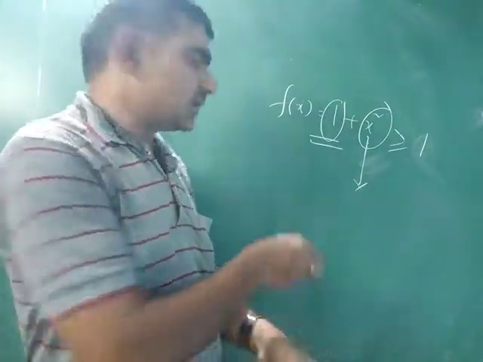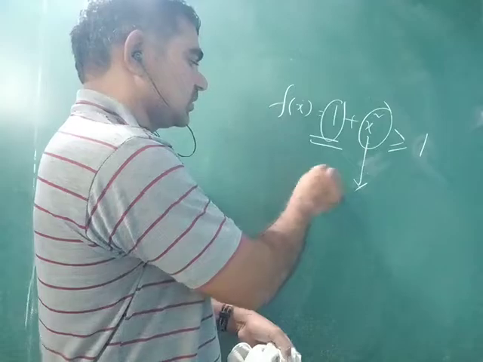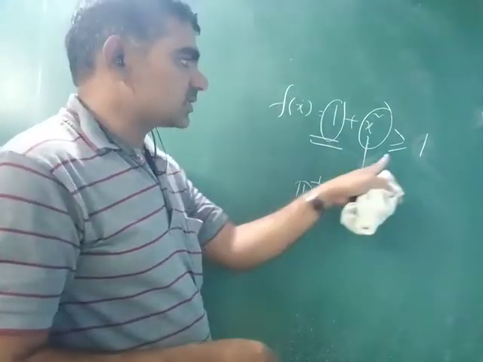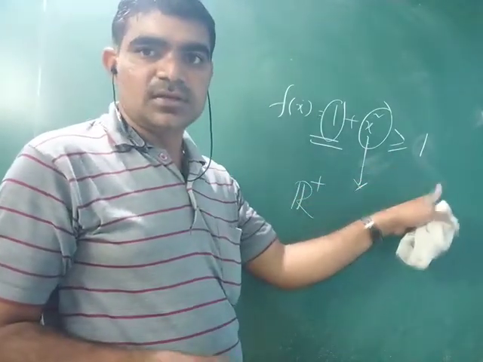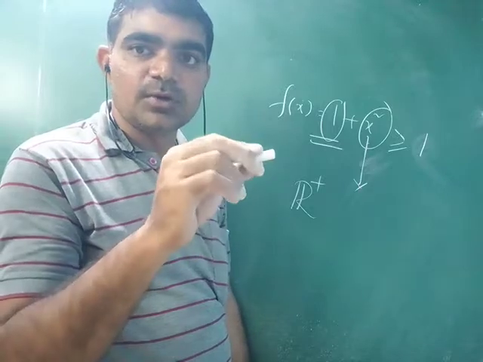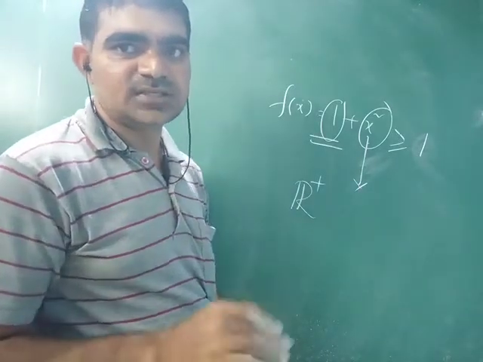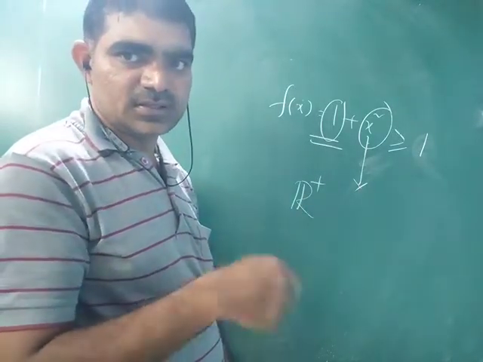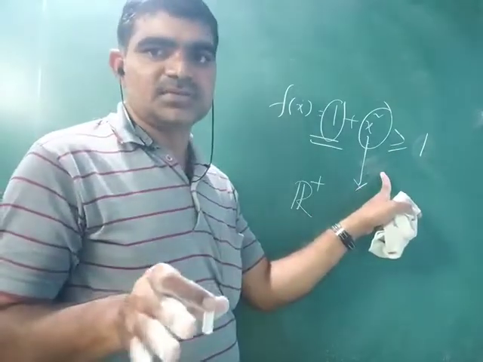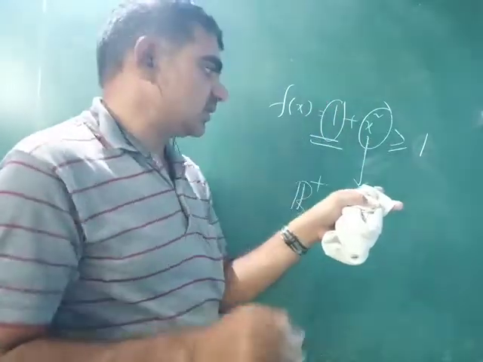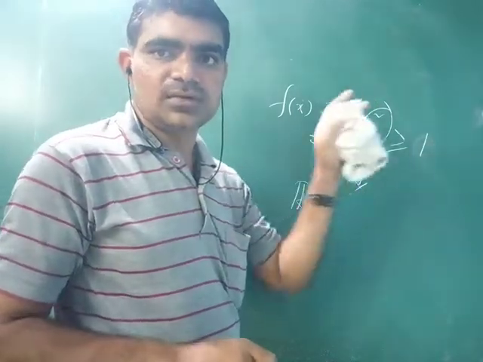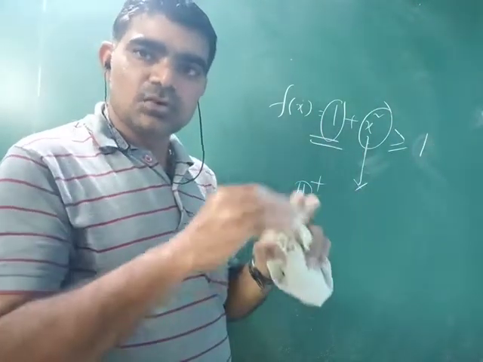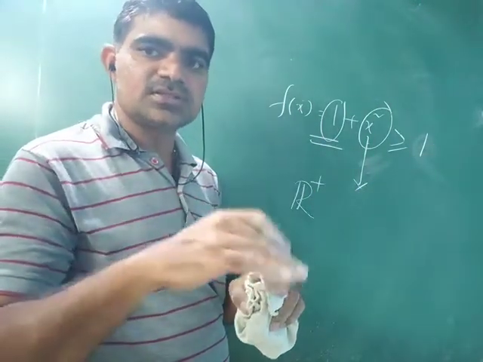We can't write R plus. We don't write R plus because in R plus it is not greater than or equal to 1; it includes 0.5, 0.25 like that. That's why don't write R plus in that step. Just write greater than or equal to 1. So codomain is not equal to range, then it is not onto.